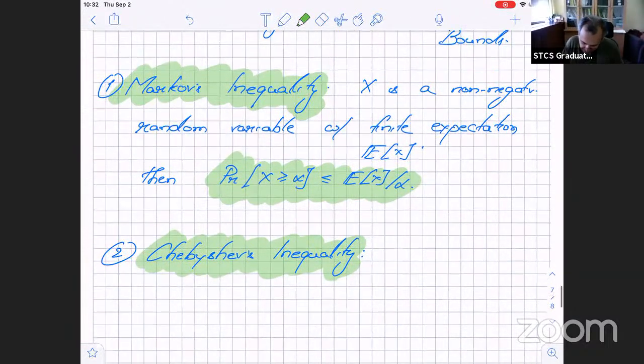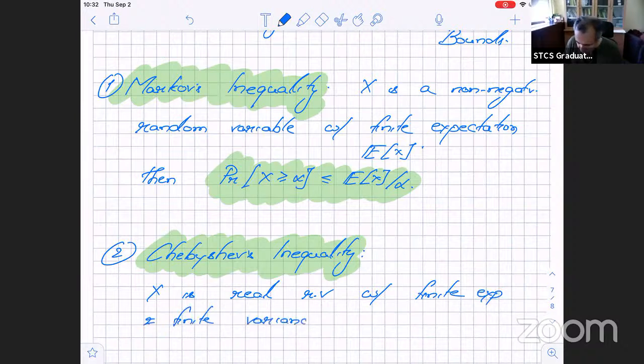Here, this is the inequality which says that suppose X is a real valued random variable with both finite expectation and finite variance.